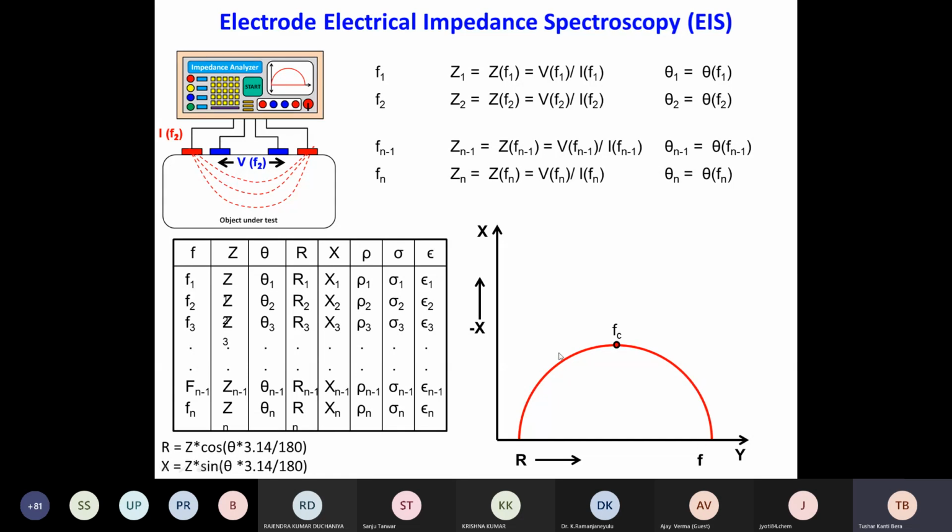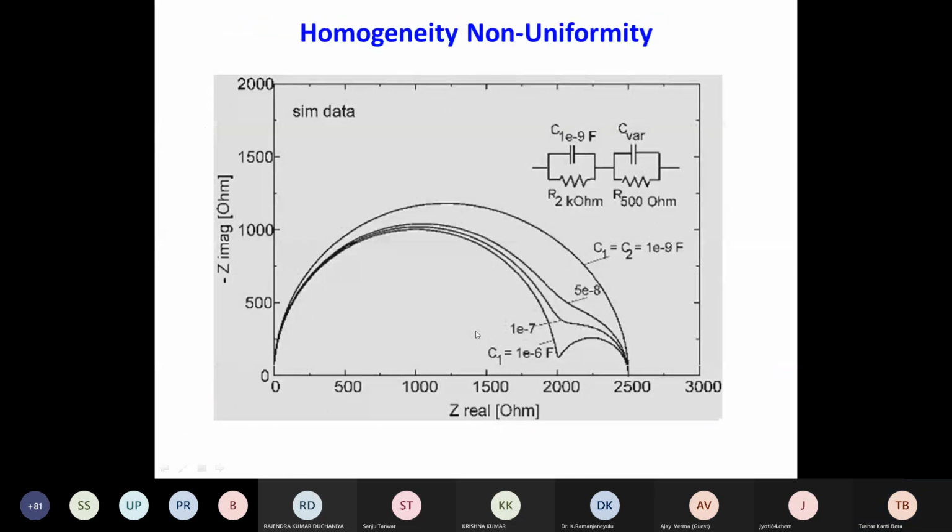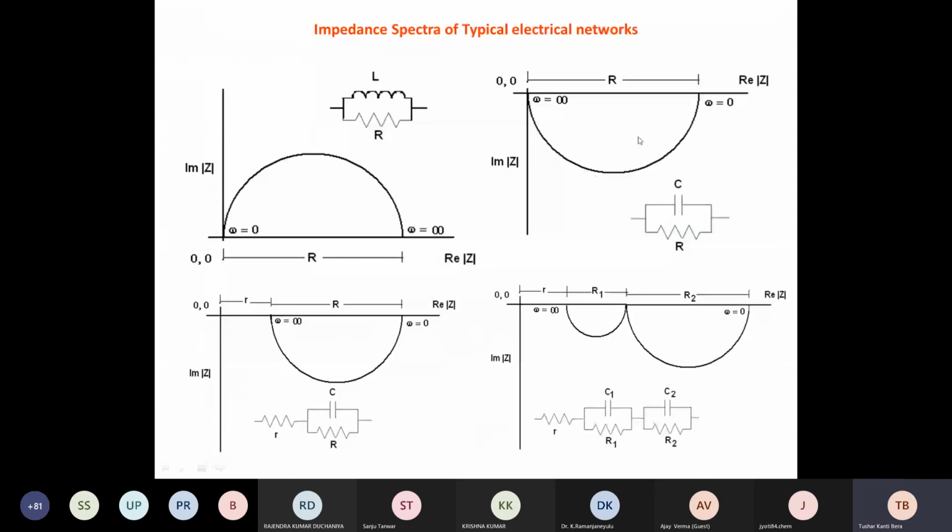For taking it to the top side of this axis, this quadrant, I have put the minus sign here. So this will be minus value of the reactance. That's why it will be coming at the fourth quadrant. And if we have inductance, it will be at the first quadrant.